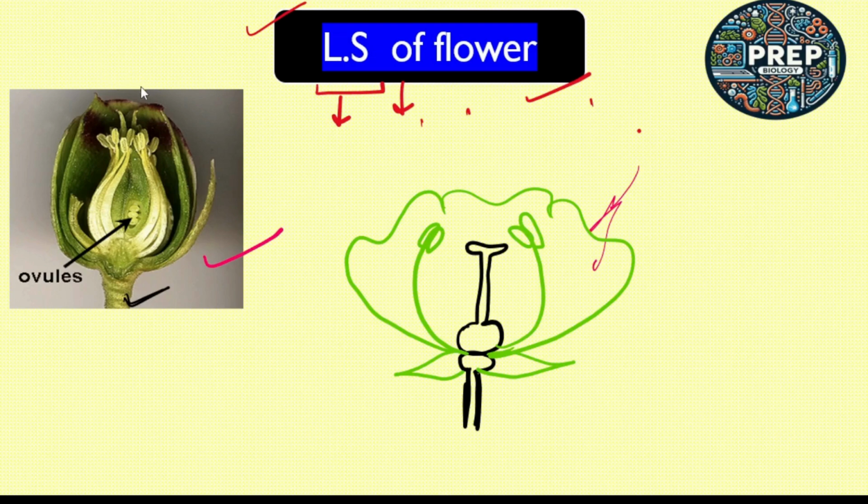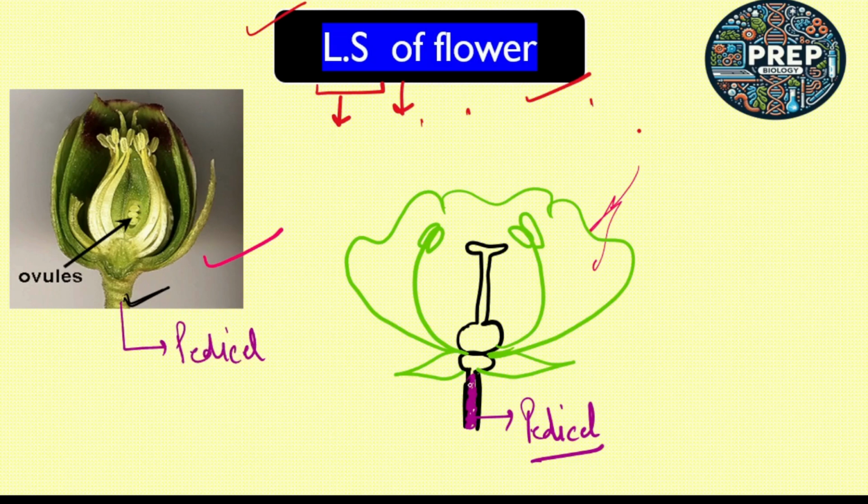We have first of all the stalk of the flower. This stalk of the flower is called the pedicel. See, this is the pedicel. Now, the terminal part of the stalk, which is swollen in nature, this part is called the thalamus. Is it clear?